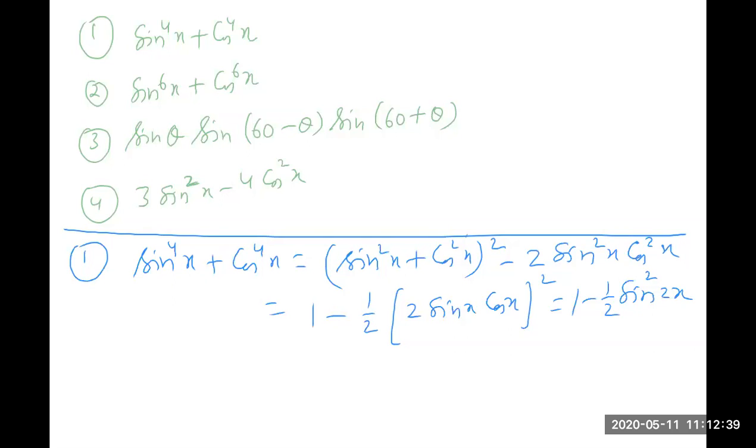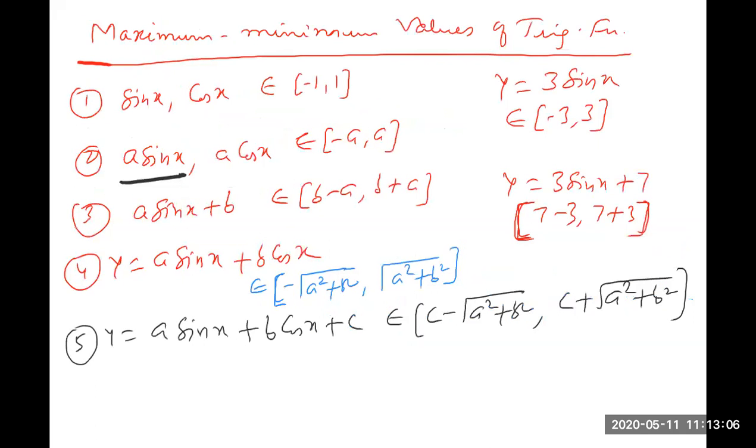Now here this small thing is there in this sin square 2x. We know sin x lies between minus 1 to 1. Sin square will always be positive and the square of 1 is 1. So sin square x lies between 0 to 1. That in the list only I'm writing here. In the previous list where we have written all the formulas, you can write 6 number here: sin square x or cos square x belongs to 0 to 1.